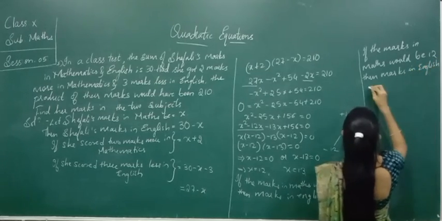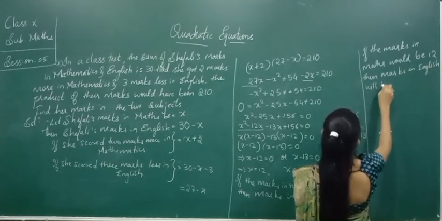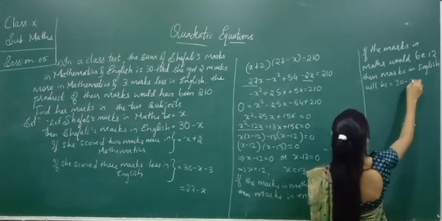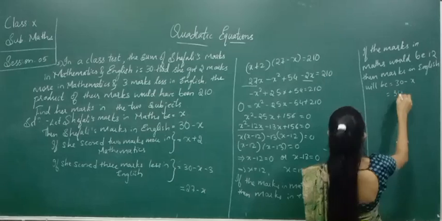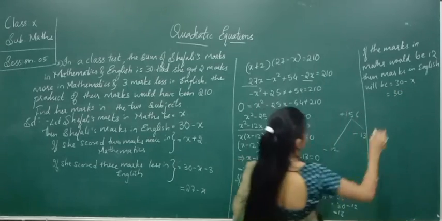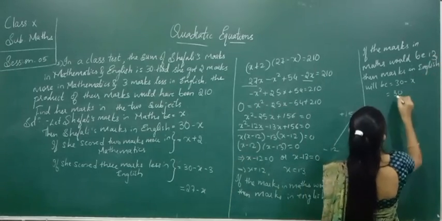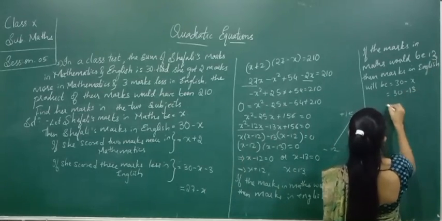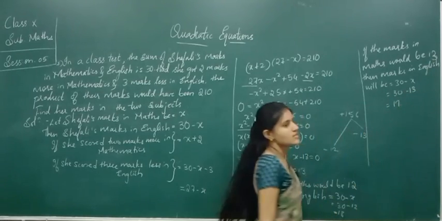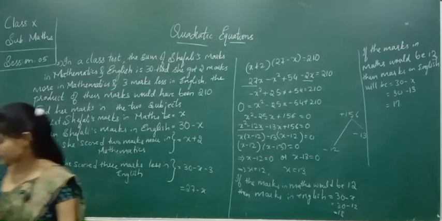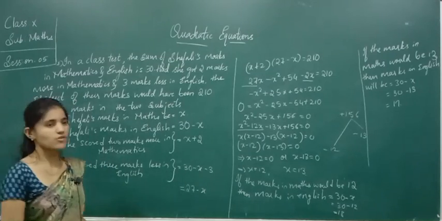Just substitute. That is 30 minus x. Here I have taken 12. If it was 13, it would be 30 minus 13, nothing but 17 marks.